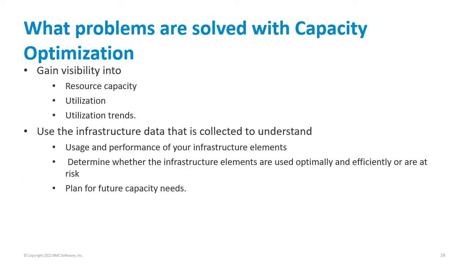So the advantage of using BMC Helix Capacity Optimization or any capacity optimization tool is that monitoring and events will tell you what is happening in your environment now if you reach some saturation. Continuous optimization will tell you what resources are underutilized, and the determination will be made on historical data.